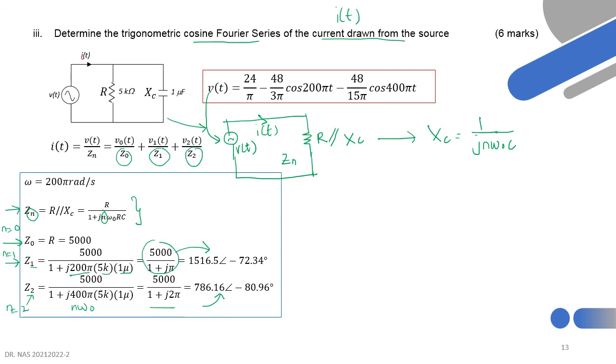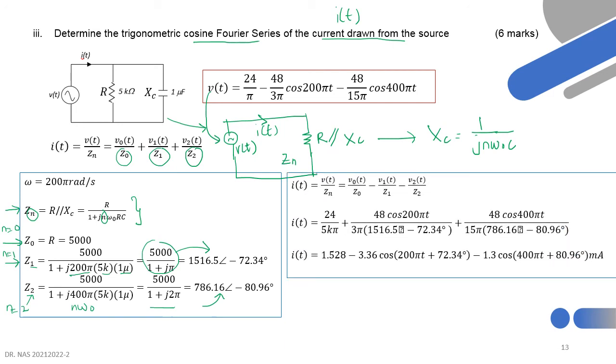Now you need to derive the final equation of iT. Okay, so iT is now v(t) divided by Zn. So this is your V0. This is your V1 t. And next is V2 t.